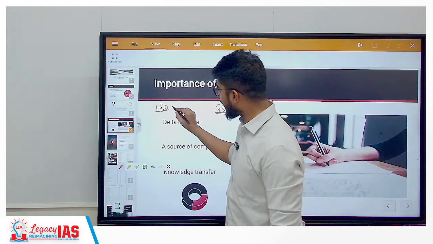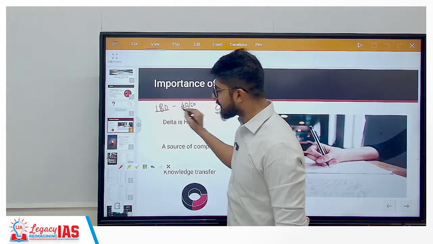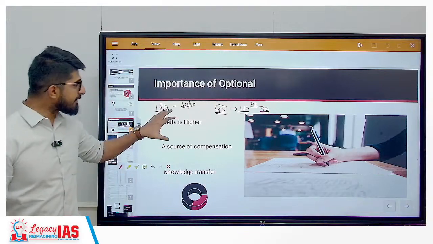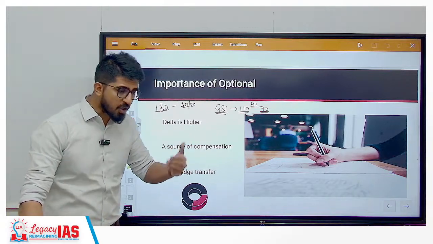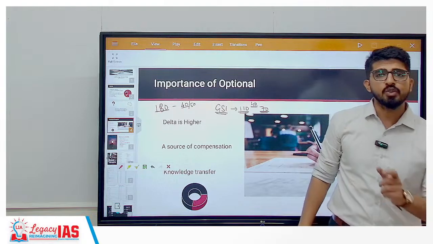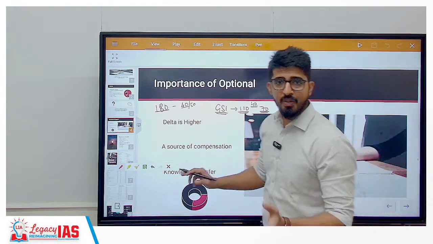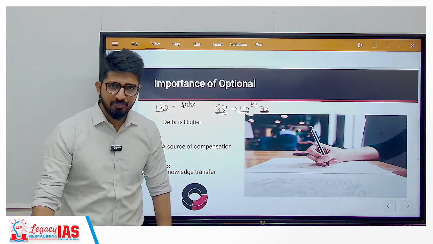The low score can be as low as 40, 50. Look at the difference. The difference is almost 120, 130. So this difference is the delta. So if you want to make a huge difference to your score in the main examination, it has to be through your optional paper. So 2 papers, that would be 120, 130 in each paper. So the delta is very, very high.